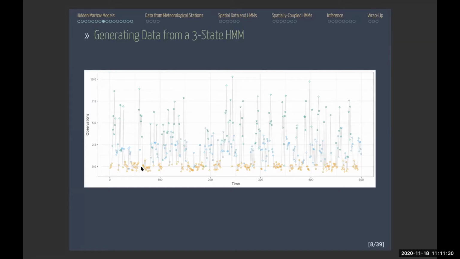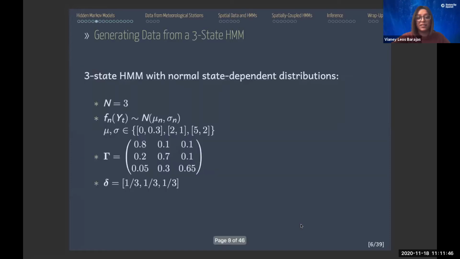Can I ask, is the fact that the colors are clustered because the probabilities on your diagonal were high? I'm just trying to gain intuition for why I see a bunch of yellow dots together. Yeah, exactly. The diagonal entries of the transition probability matrix correspond to the persistence in that same state.